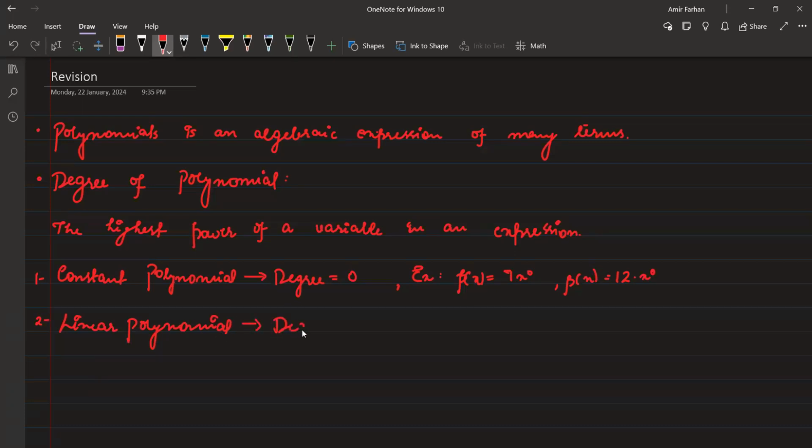So degree will be equals to 1. You have heard this word linear equations, linear polynomial, linear. So in these kinds of polynomial, your example will be like this. p of x will be equals to 4x plus 5.